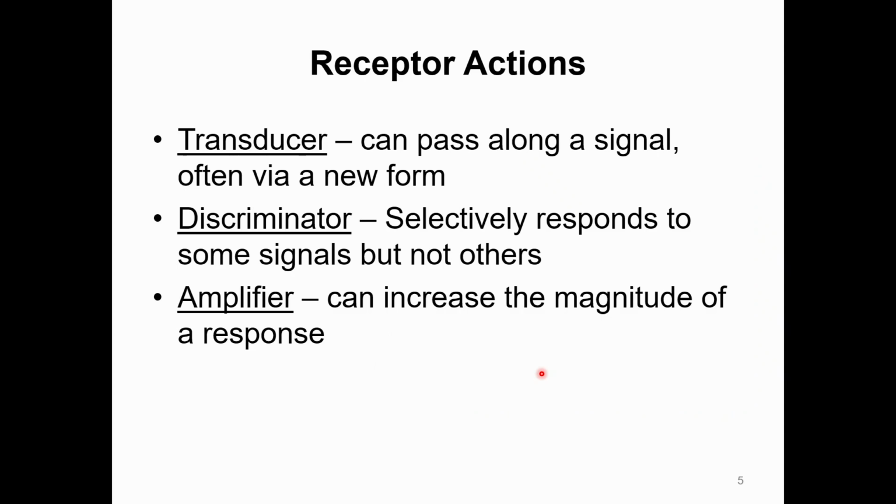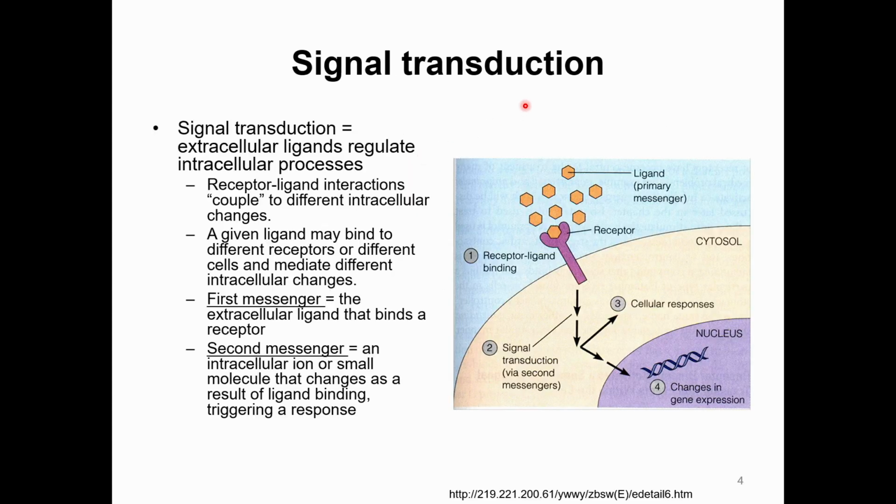So receptors actually perform three identifiable things that we can think of as features. Receptors can act as a transducer, and remember, signal transduction, the root word there is transduce.